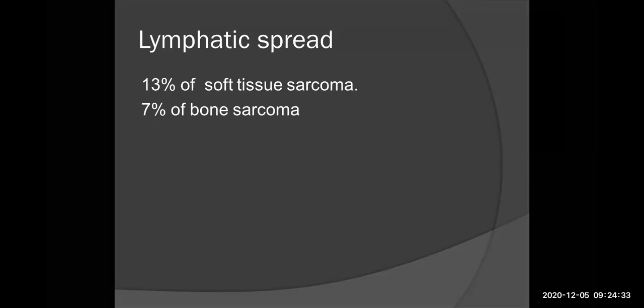That's why they said 13% of soft tissue sarcomas have lymphatic spread, and even some bone sarcomas in late stages have lymphatic spread, around 7%. This is the last slide. Yes?